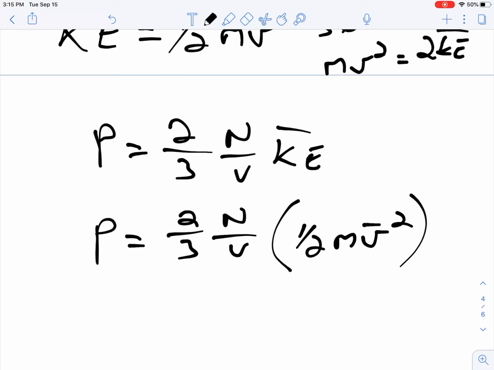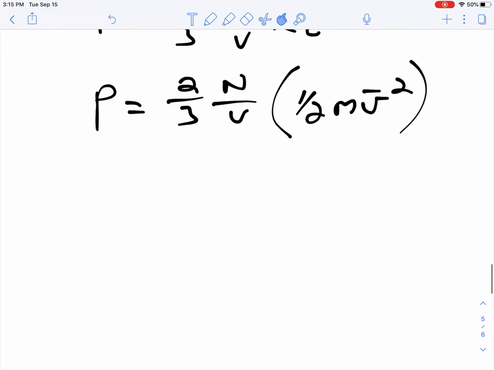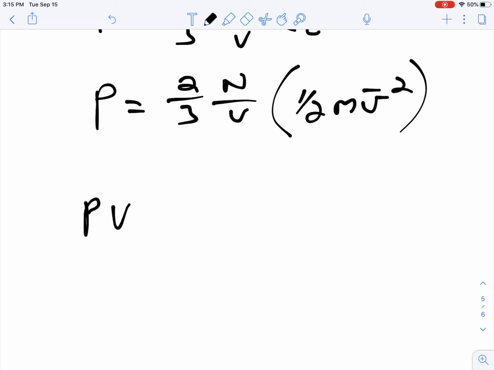Well, we know that there's a way to relate pressure and volume, and pressure and temperature. So we should be able to bring temperature into the mix pretty easily by simply remembering that PV equals NKT.